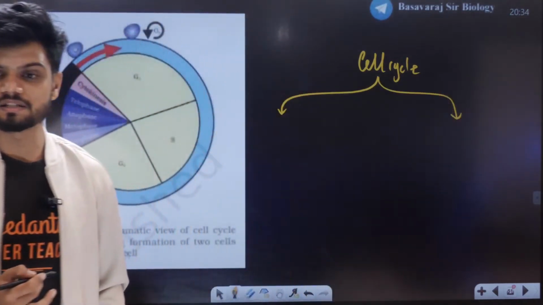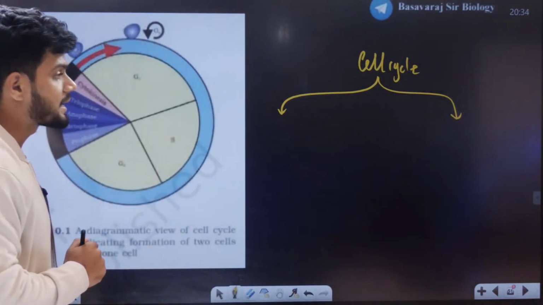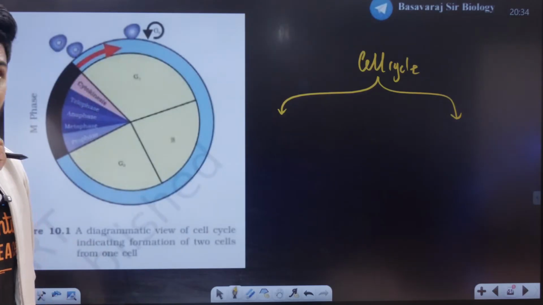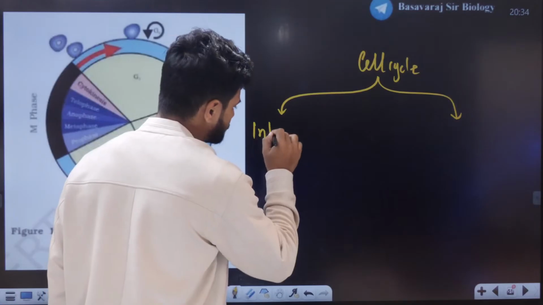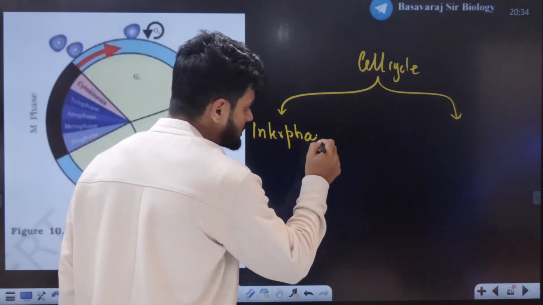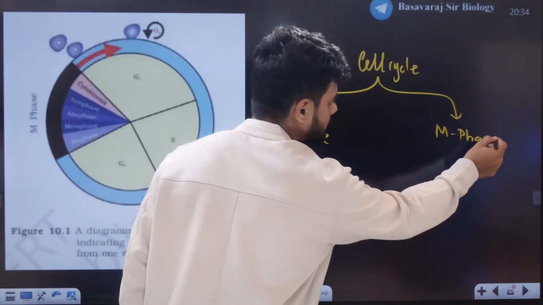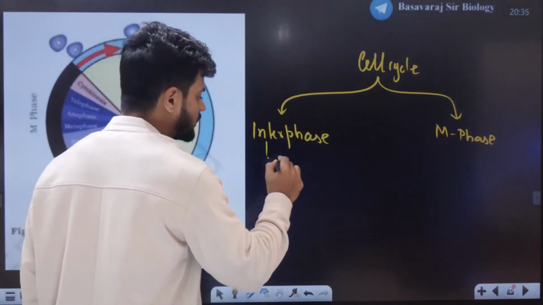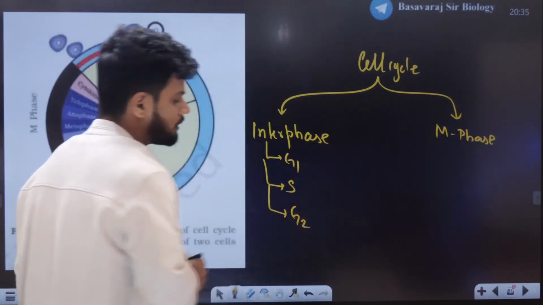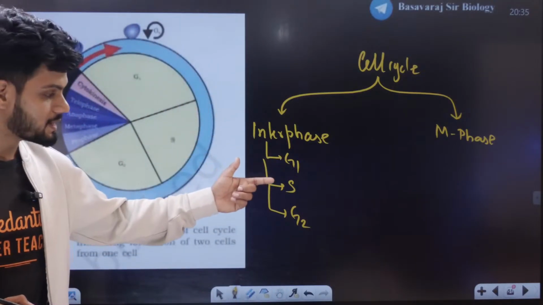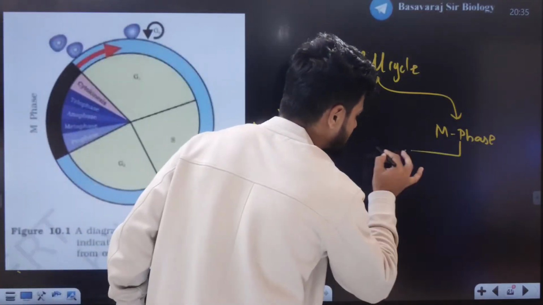Okay, cell cycle, not cell division. First is called interphase. The other one is called M phase. Interphase is further divided into G1, S, G2: gap 1, synthesis, gap 2. M phase is divided into 2 other categories.